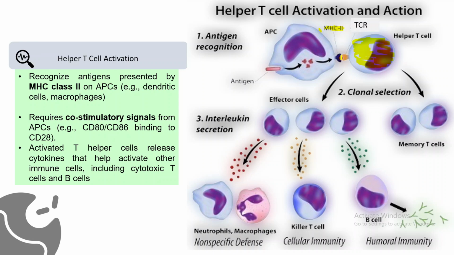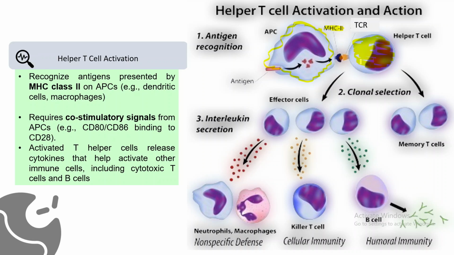This antigen is basically an exogenous antigen, and antigen presenting cells like macrophages or B cells always contain MHC class 2 molecules. So this MHC class 2 molecule presents the antigen. Here this is a foreign antigen, and this foreign antigen is recognized by the helper T cell.